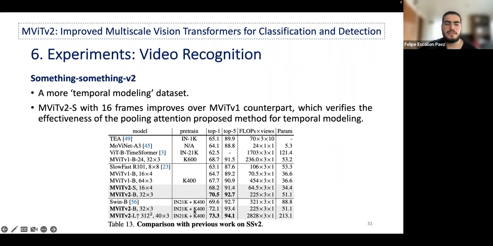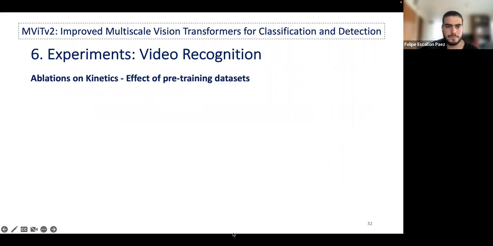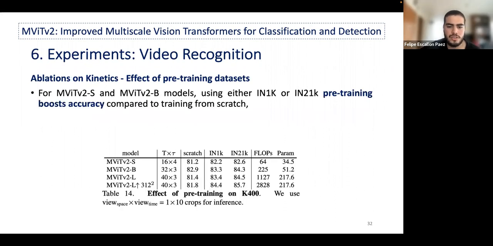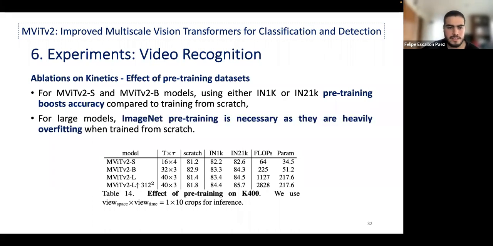Plus, they have some of the new improvements, so they achieve much higher metrics. Here they did some ablations so that they could assure the effect of these pre-training datasets, as I already mentioned. And they showed that training from scratch does have lower performance than pre-training on ImageNet 1K or 21K.